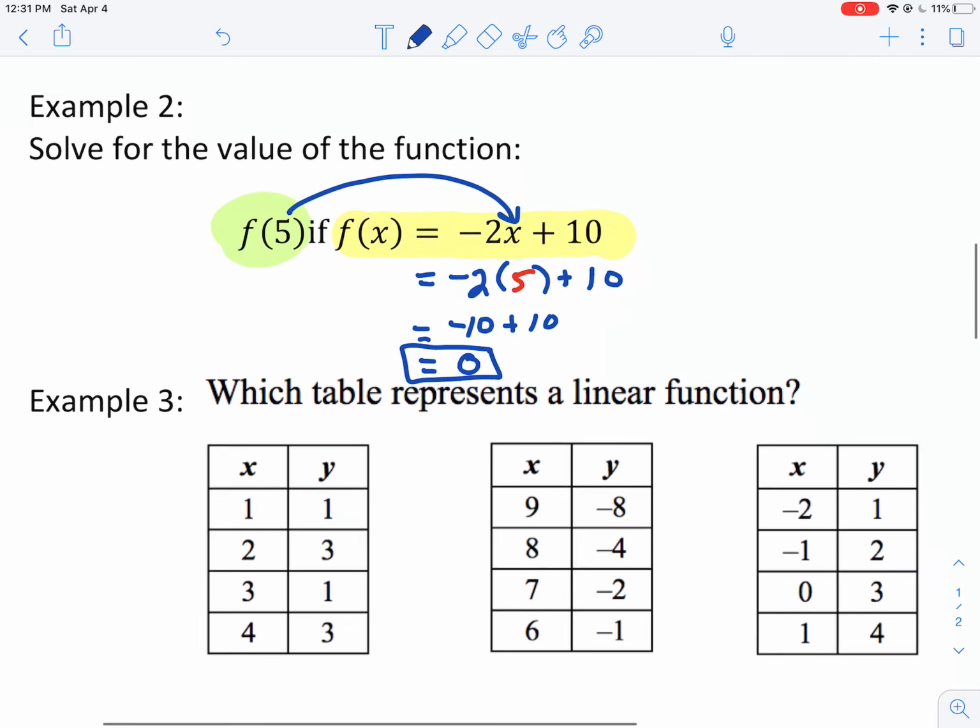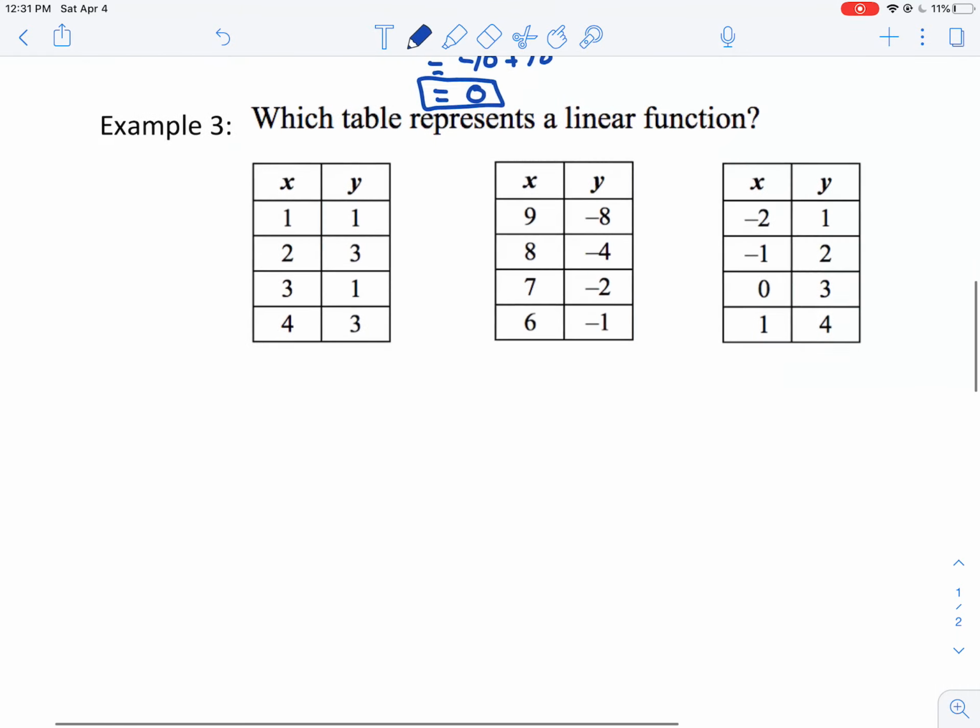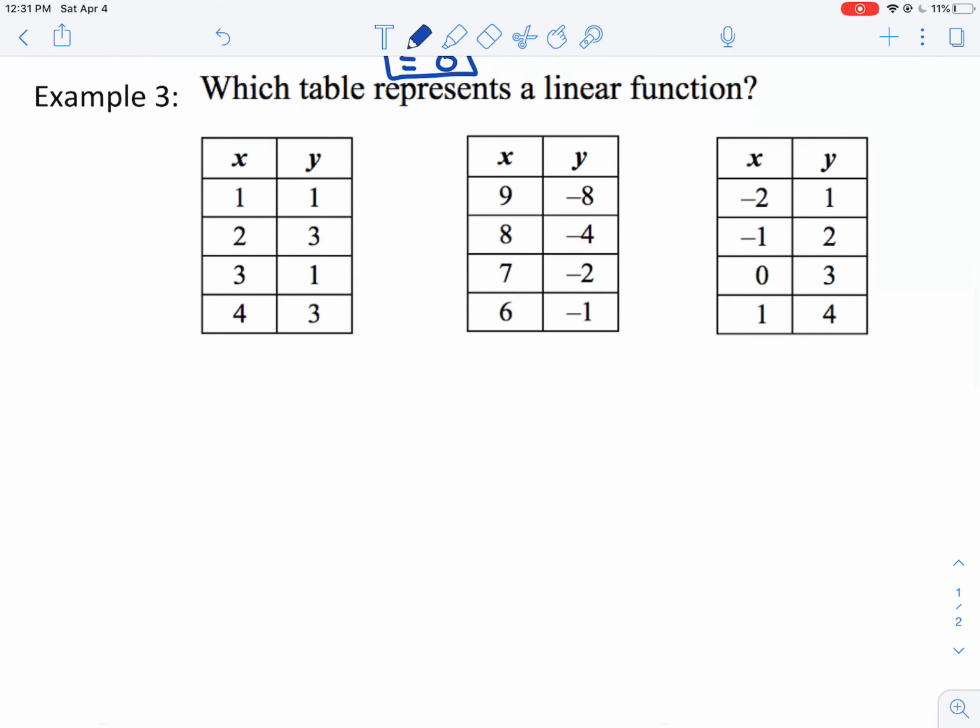Okay. Now, lastly, number 3. It says, which table represents a linear function? In order for it to be linear, the pattern needs to be constant.